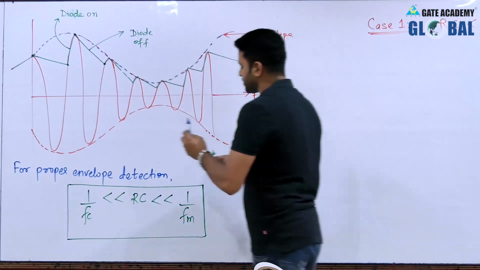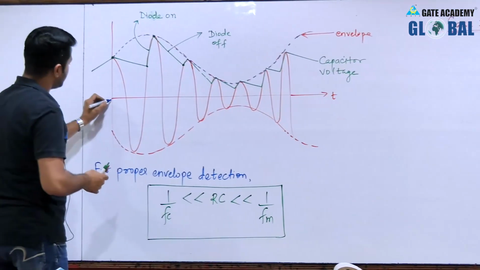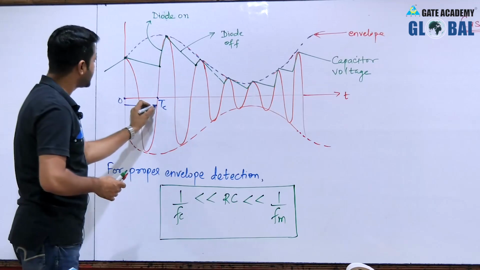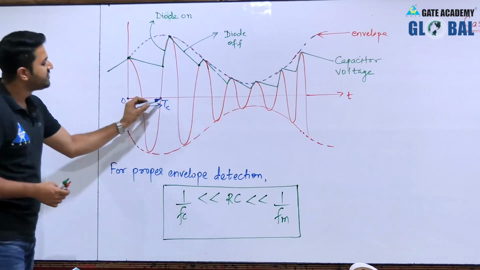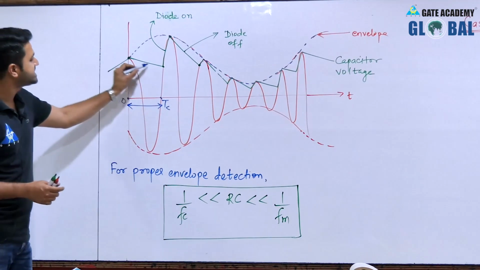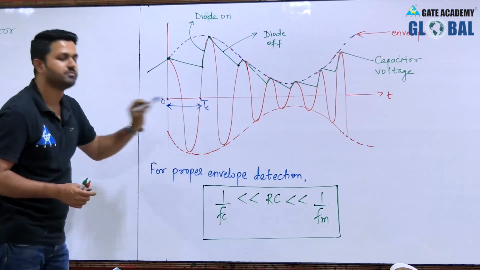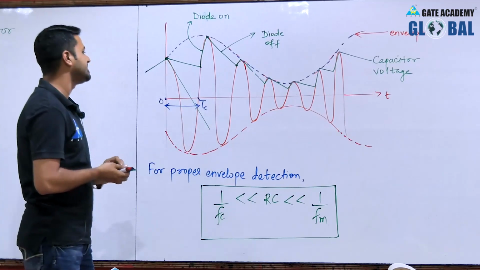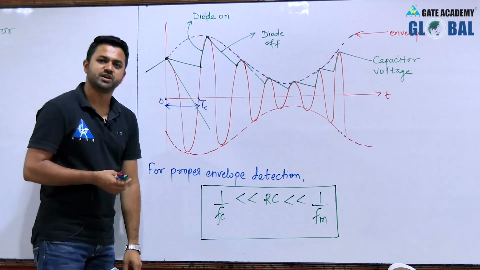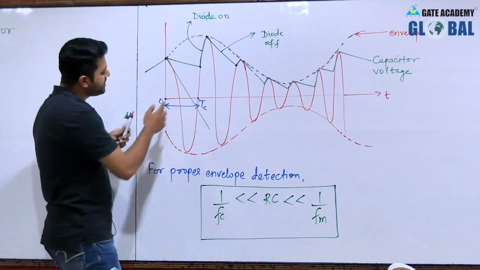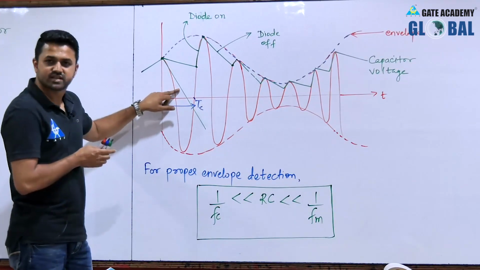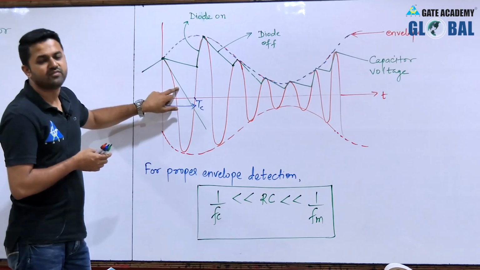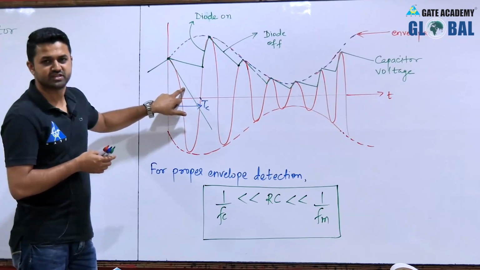Here I will show this. This is 0, and suppose this is Tc, the carrier time period. Before the carrier time period ends, the capacitor voltage will discharge completely. So there is a big gap between the capacitor voltage and the envelope, and the envelope will not be followed by the capacitor voltage.